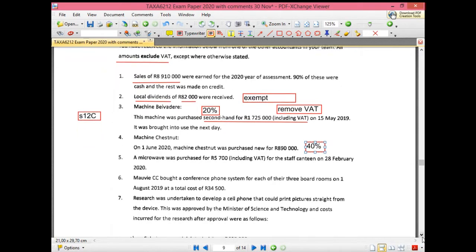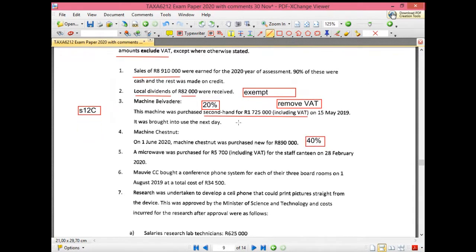Then we've got a microwave was purchased for 5,700, including VAT for staff canteen. Now here we're testing, do you know the VAT principles? Now remember, because it's for staff canteen, your input VAT would have been denied. That means we would be able to apply Section 11E to the full 5,700.